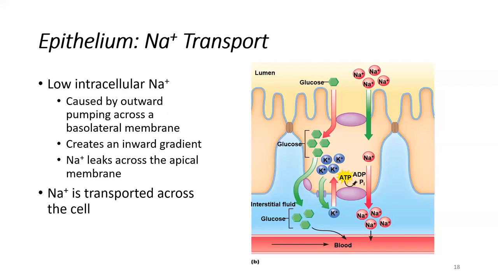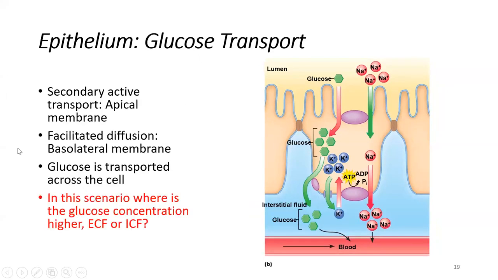So we're keeping those relative intracellular and extracellular concentrations of sodium relatively stable. Okay. And then again, just kind of driving home the secondary active transport example being the co-transport of sodium and glucose, the facilitated diffusion example being the movement of glucose across the basolateral surface.